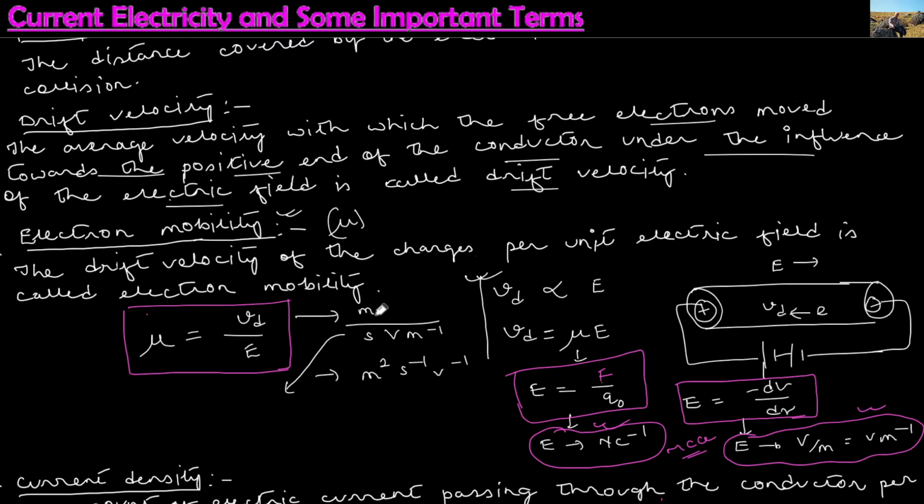Meter per second is nothing but the SI unit of velocity. So one way of writing it is meter square, second inverse, volt inverse. So these are the units of electron mobility.